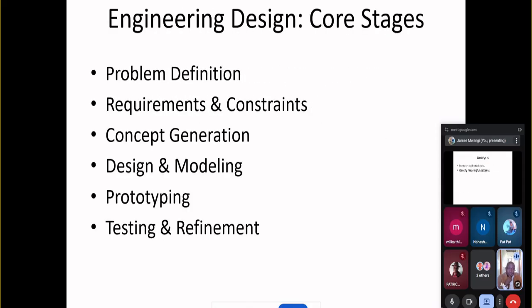Okay. Number three, the innovation methodology is what we call the engineering design, which also has 6 core stages. Number one is problem definition. So in all of them, you are trying to identify a problem or an explainable phenomenon.